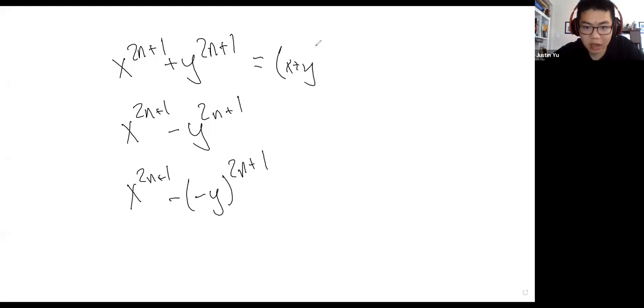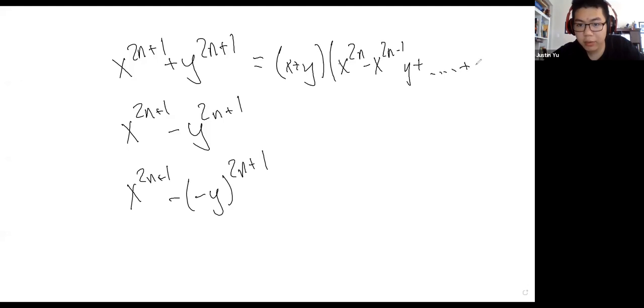We're adding here, and we're going to alternate in here. Plus, minus. And it turns out that we always end with a plus. The example is, let's do x to the 5th plus y to the 5th, the same thing that we had before.